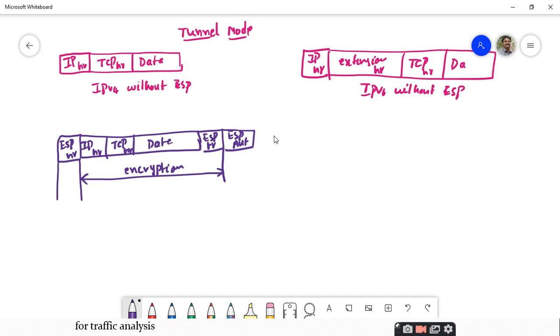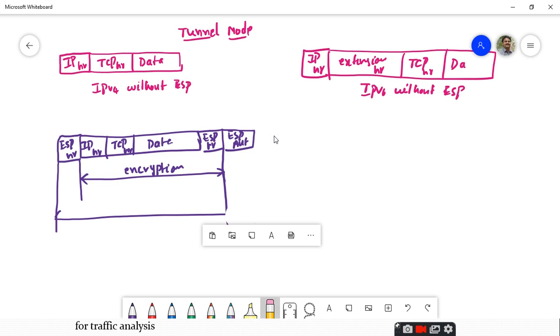And authentication is from here, that is from the ESP header to the ESP trailer. From here to here we have authentication.